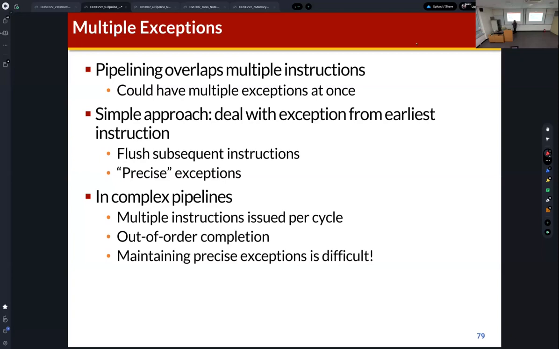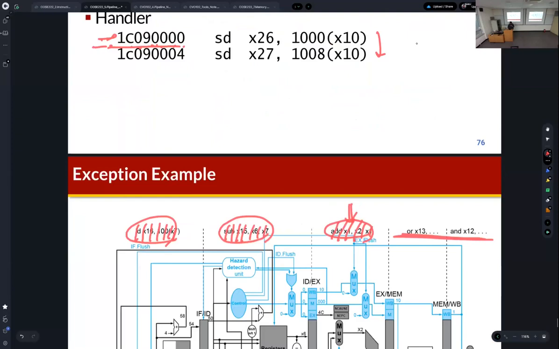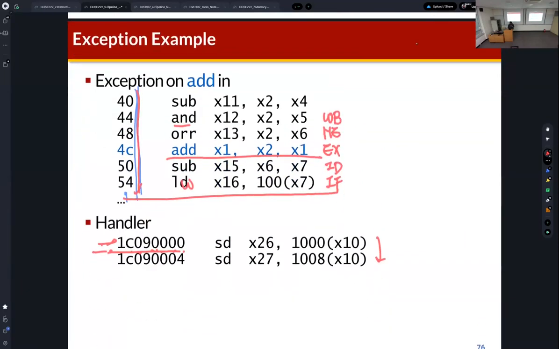Then how can we handle these multiple exceptions? In this example, we assumed that only one exception is detected while these instructions are in the pipeline processor, but there can be multiple exceptions.